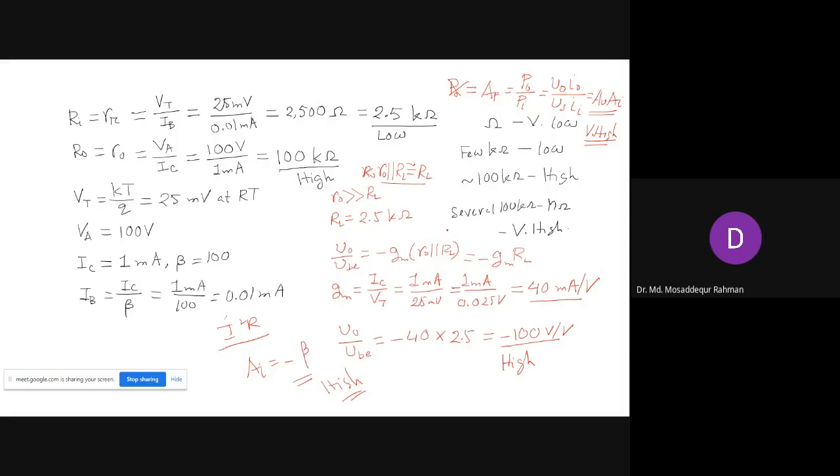It is a low input resistance, and what is the consequence of that? A lower gain. That causes loss of signal at the input side, right? Yes, sir. Low input resistance causes loss of input signal at the input side, and that will reduce the overall gain.